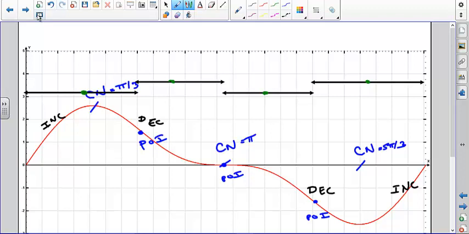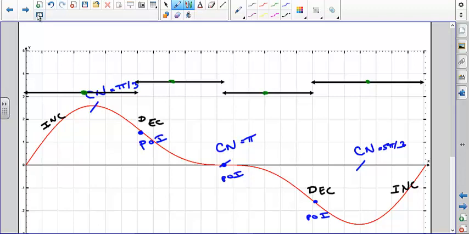In this interval we have consistent concave down, and then we change to concave up here. So this is a point of inflection because we change from concave down to concave up. This next possible point of inflection goes from concave up to concave down, so this is a point of inflection.